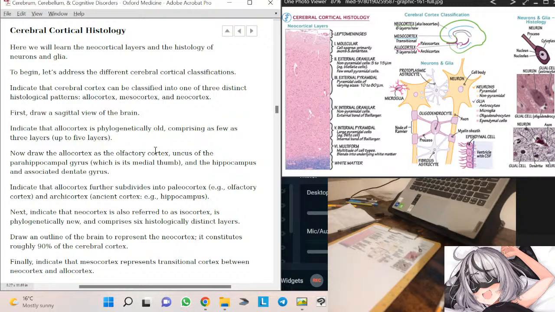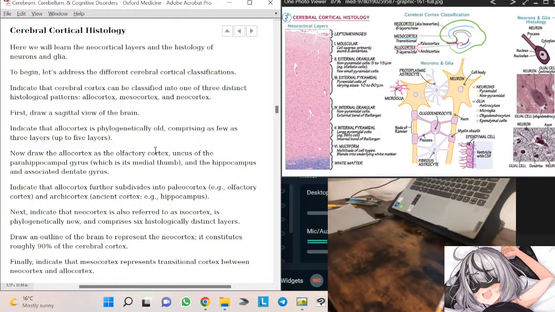Indicate that allocortex is phylogenetically old, comprising as few as 4 layers up to 5 layers. Now draw the allocortex as the olfactory cortex, uncus of the parahippocampal gyrus, which is its medial thumb, and the hippocampus and associated dentate gyrus.